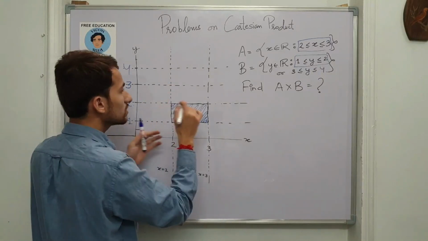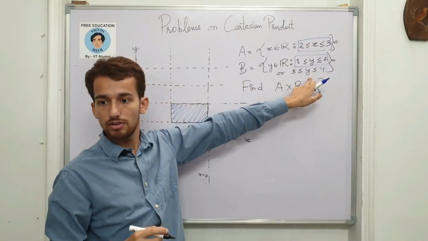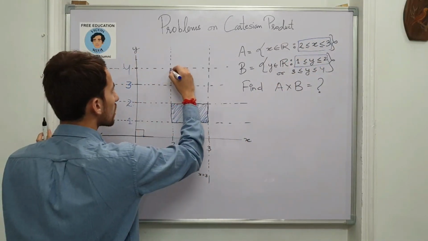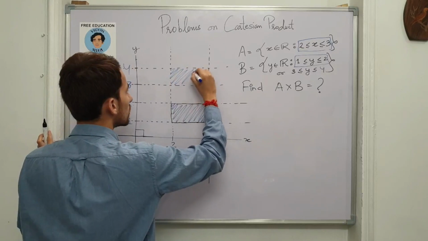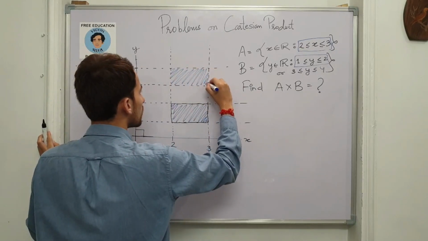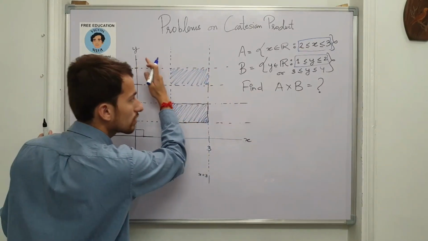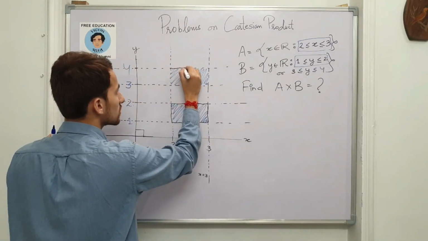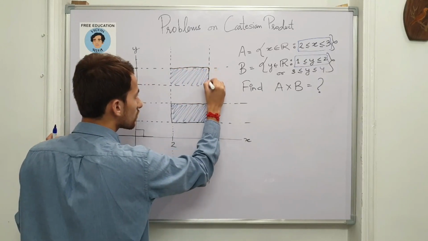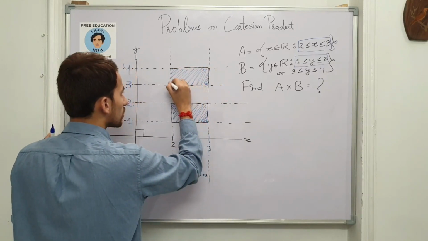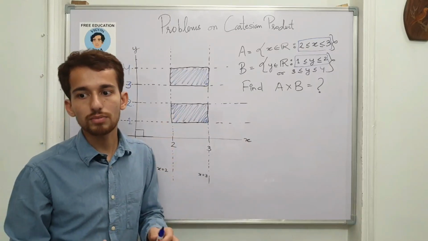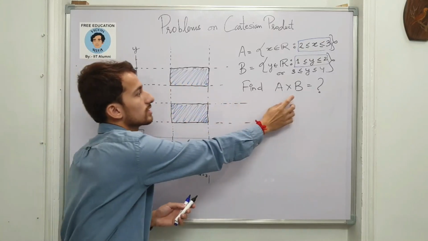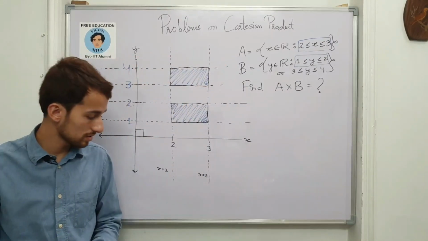So now the answer to this, fixing these x, the Cartesian product is this rectangle, collection of all those points now. Because our y now varies from 3 to 4 and our x varies from 1 to 2, so these are all possible choices of the points in the xy plane corresponding to the choice of the elements from the set A and B respectively. So these two shaded regions represent this particular Cartesian product in this particular case.